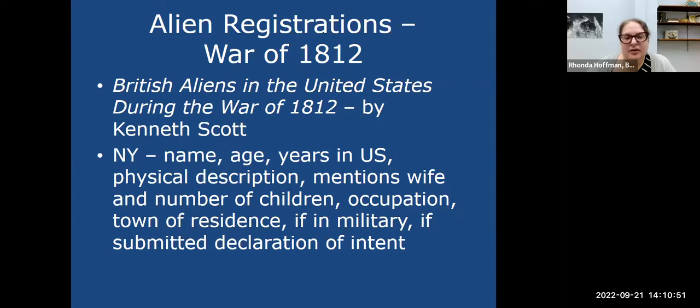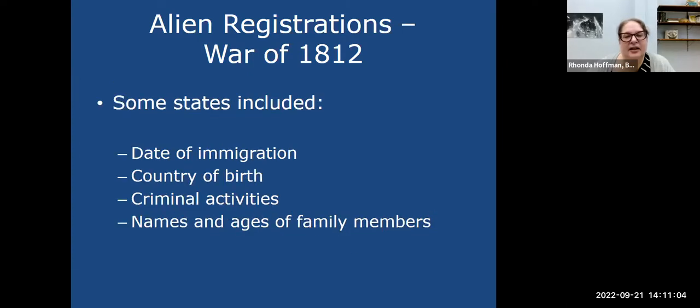It might mention the person's wife and the number of children, their occupation, town of residence, if they were in the military, and if they submitted a declaration of intent to become a US citizen. You might also find the date of immigration, the country of birth, criminal activities, and the names and ages of family members. So that's a book that we have in the Grosvenor Room.